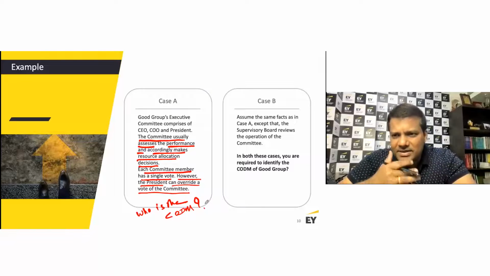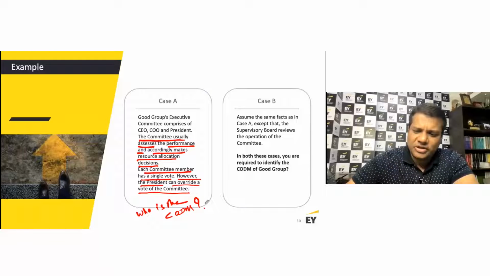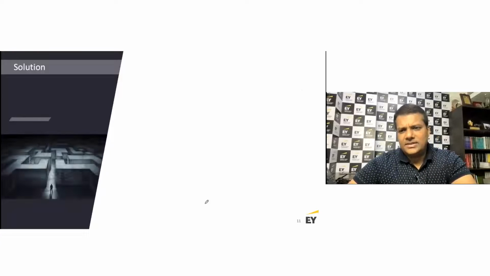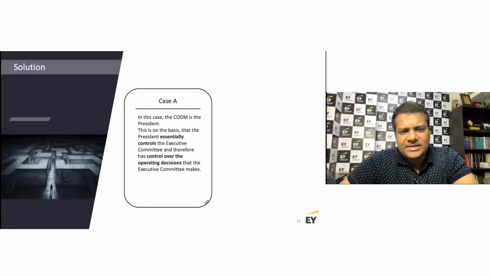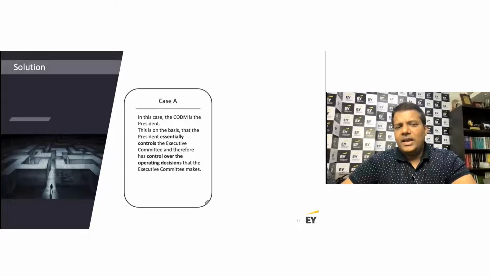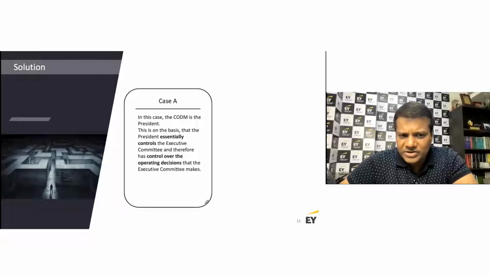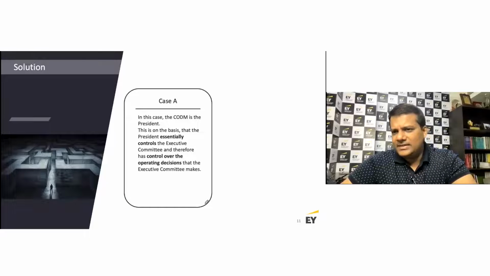The president is supposed to take the decision in this fact pattern, and hence the president is the CODM. This is on the basis that the president essentially controls the executive committee and therefore has control over the operating decisions that the executive committee makes.